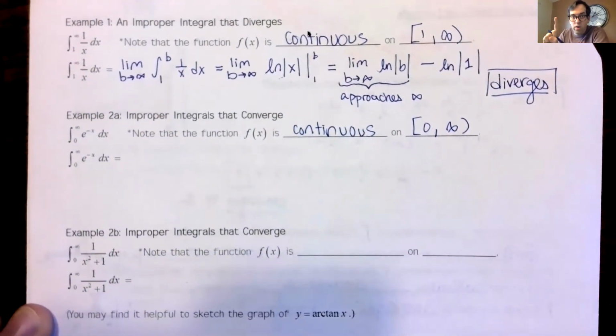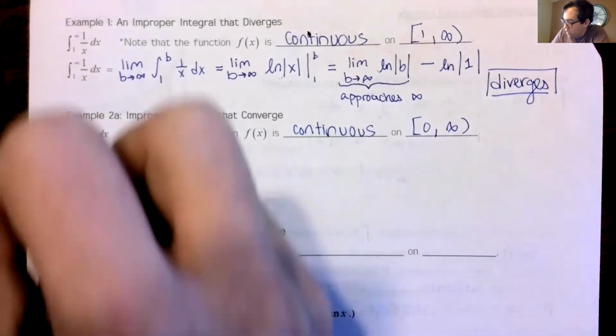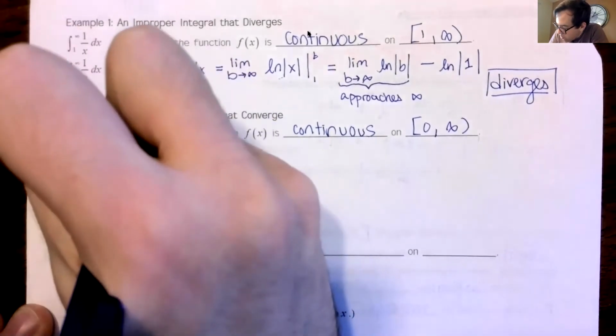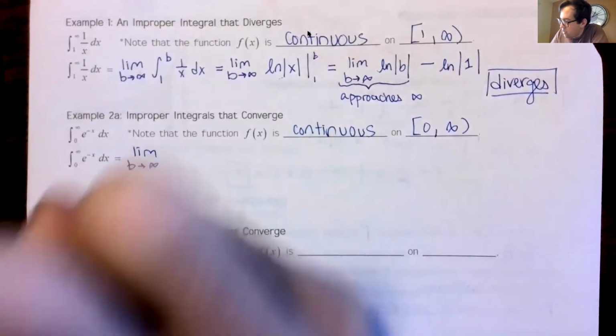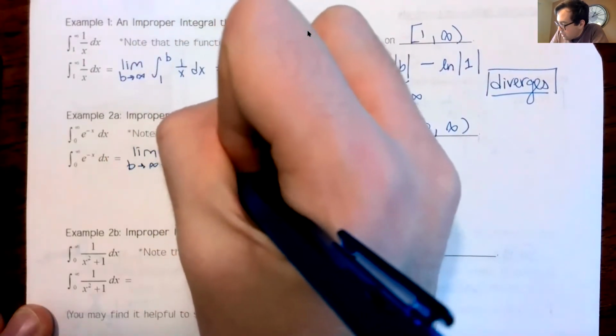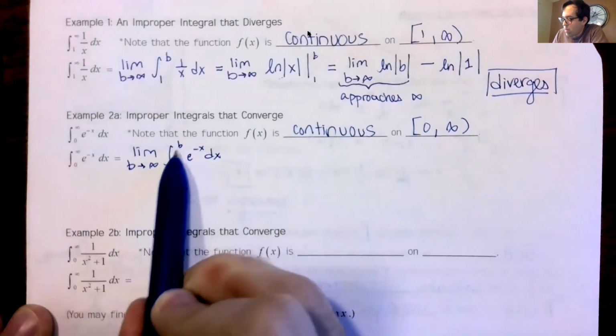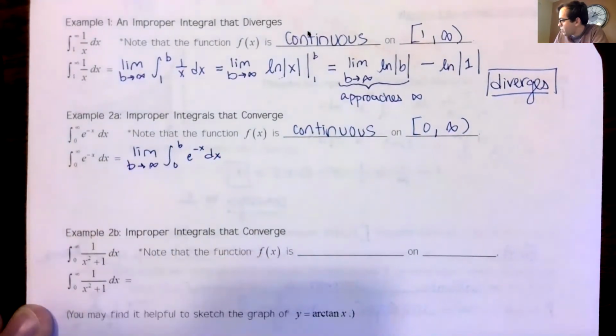First step, as always with improper integrals, is to rewrite using limits so that we don't have infinity in our actual expression. So we're going to have the limit once again as b approaches infinity of the integral from 0 to b of e to the negative x dx. Once again, the infinity was our upper bound, so that's why I'm using b.